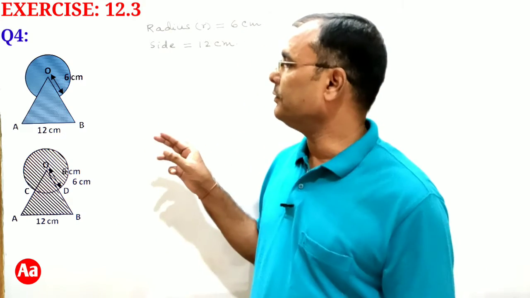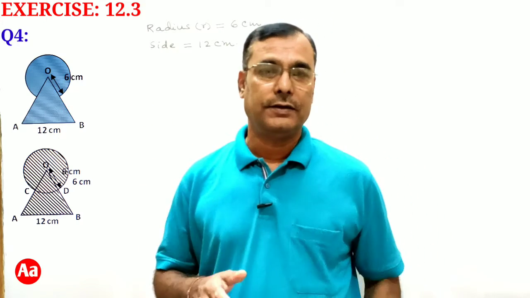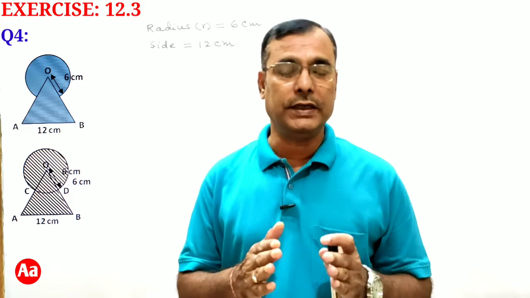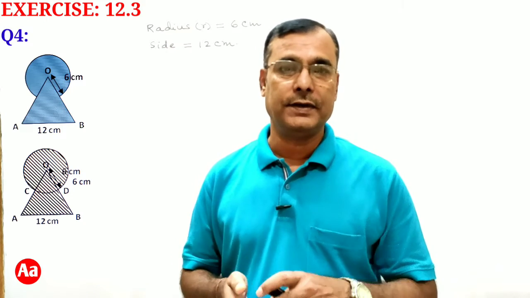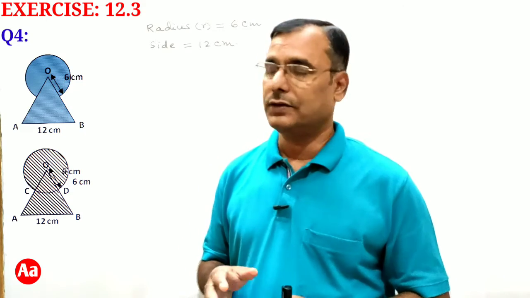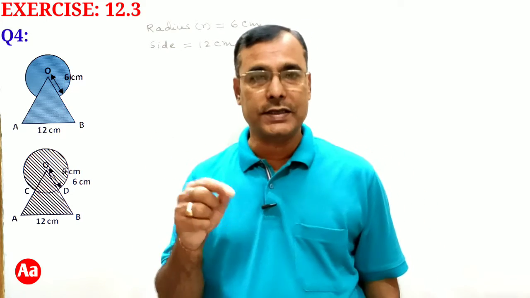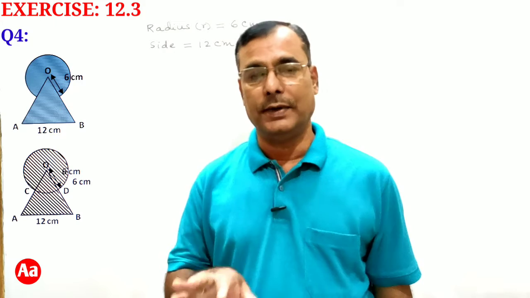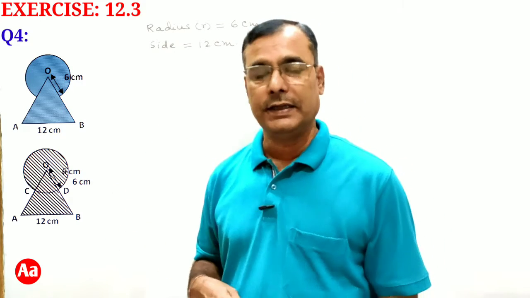So once we need to subtract area of sector OCD from area of equilateral triangle OAB plus area of circle with center O and radius 6 centimeter. So area of equilateral triangle plus area of circle minus area of sector OCD will be the area of shaded region.